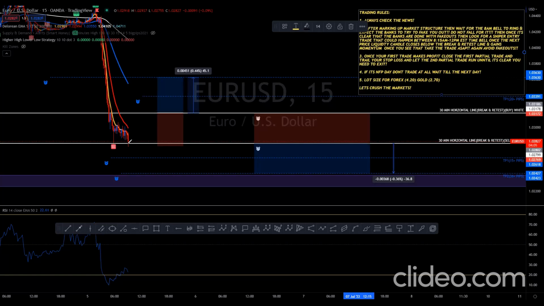This is the reason why I didn't jump in. Liquidity grab, price pushed all the way back up. If I would have done that sell, it would have been a huge drawdown right now. So that's why you have to wait for the right time. We've got 3 minutes left until the next candle closes. I would need to see the next candle close and really gain momentum to even get in, point blank period.